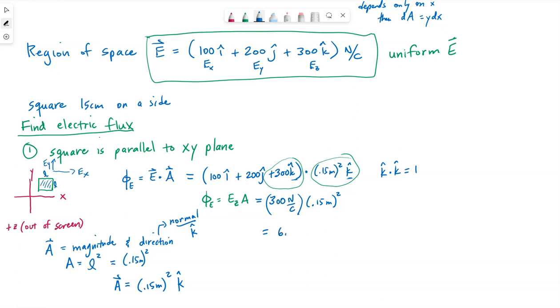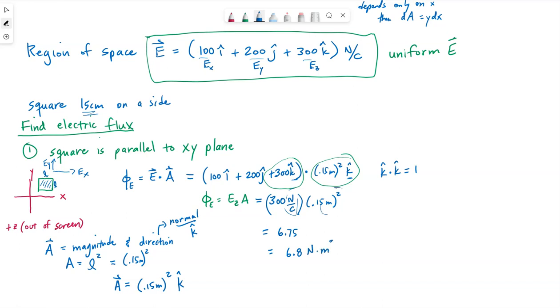So I'm getting 6.75, which I haven't really been careful with looking at units. But if we go off of the 15 centimeters on a side and assume these 100, 200, and 300 are accurate to 3 sig figs, we would end up with 6.8. Our units, well, we just have to look at the units on these numbers we just plugged in.